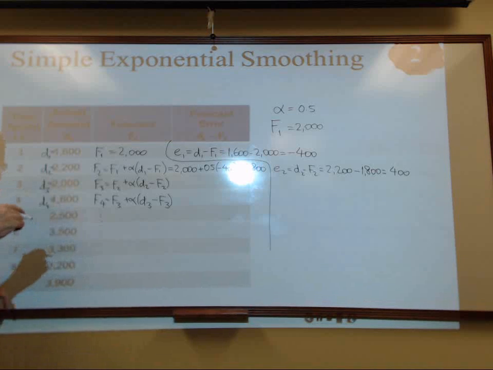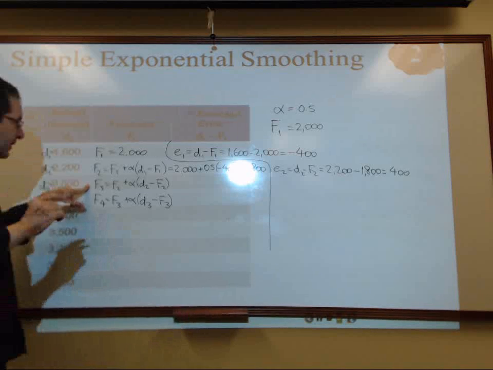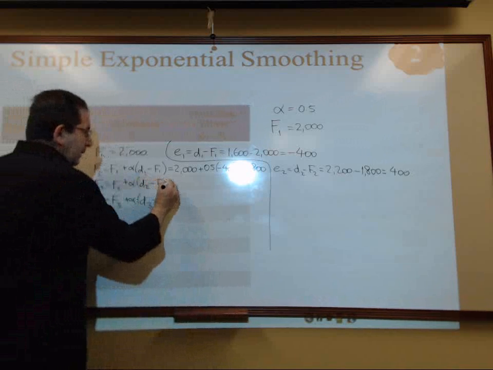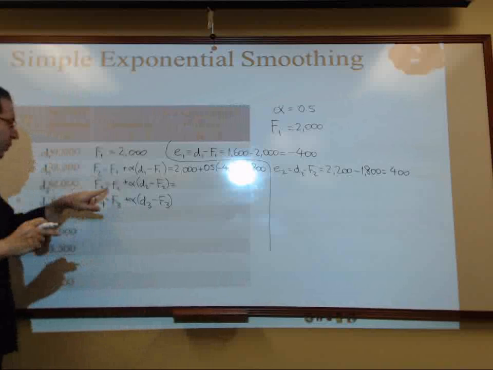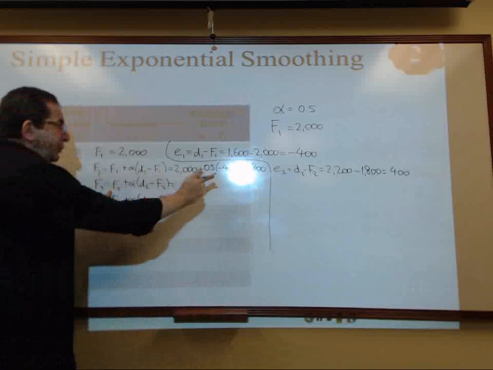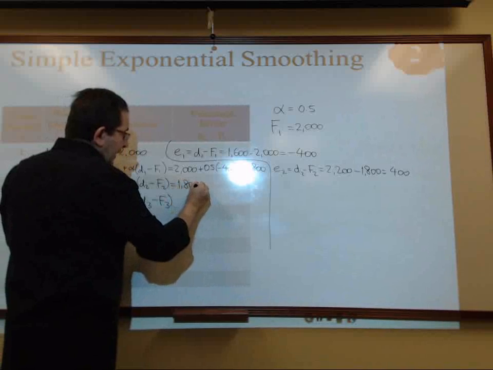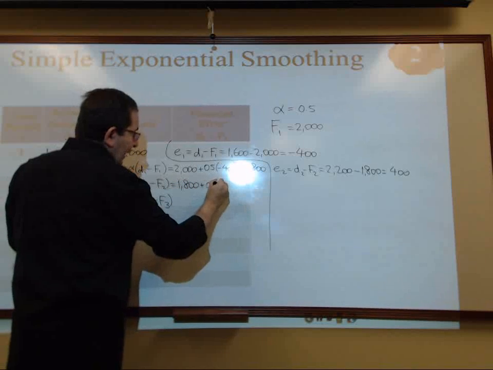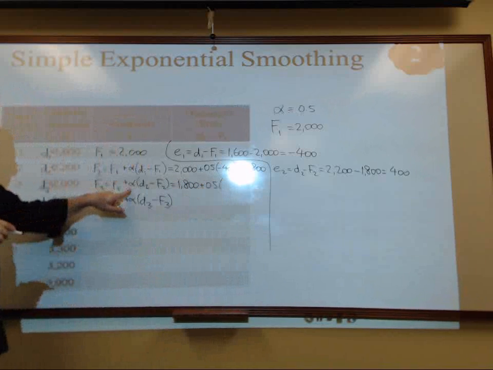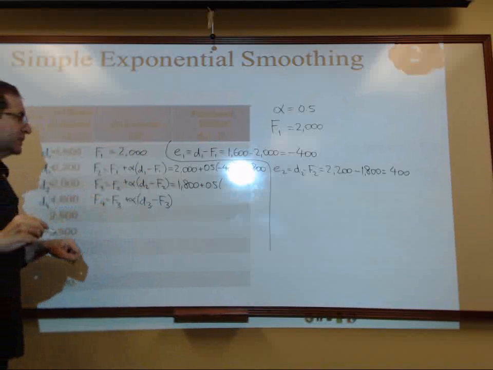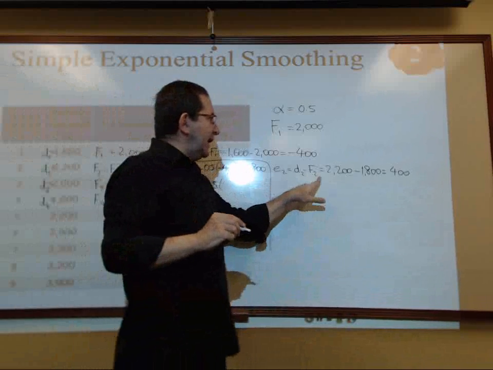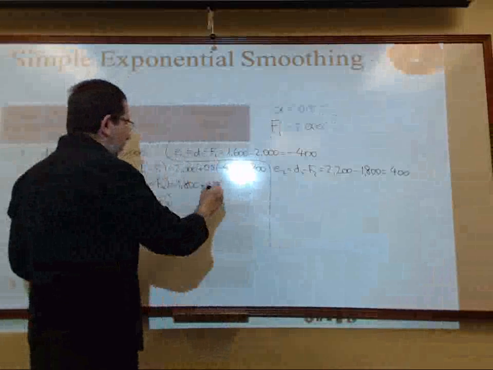Okay, so let's do the forecast for period 3. Now it's going to be based on F2. F2 is 1,800 plus 0.5 times D2 minus F2, which is 400.